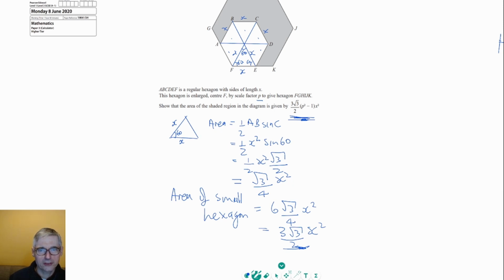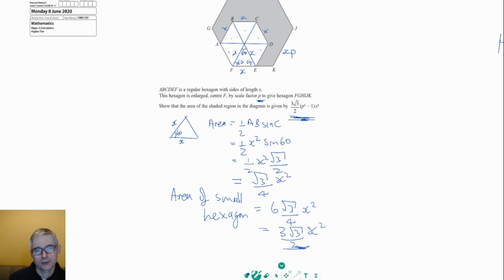Now we've got to turn our attention to the scale factor. That's a length scale factor, so if the lengths on the smaller hexagon were all x, the ones on the newer shape are x times p.